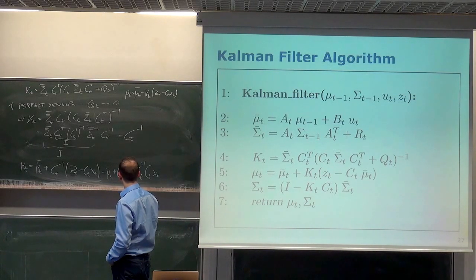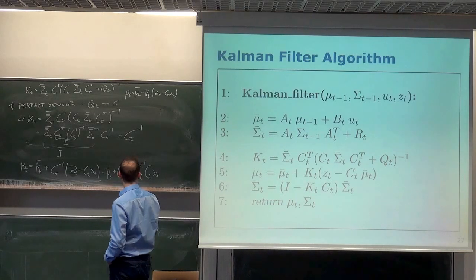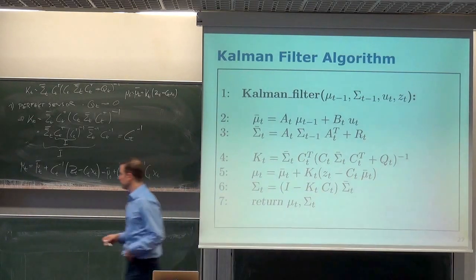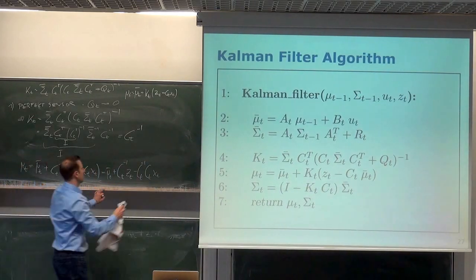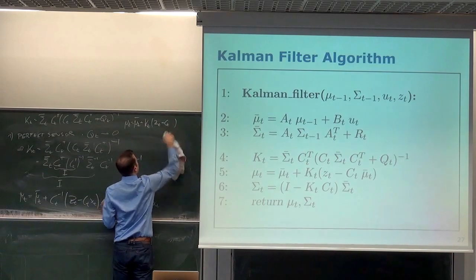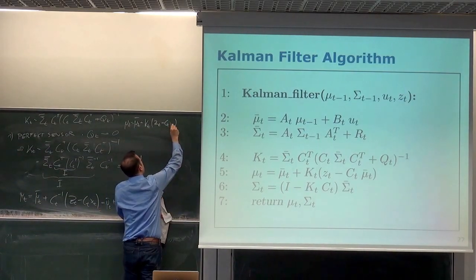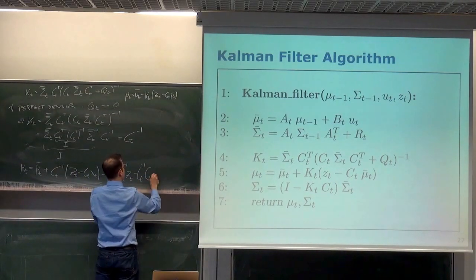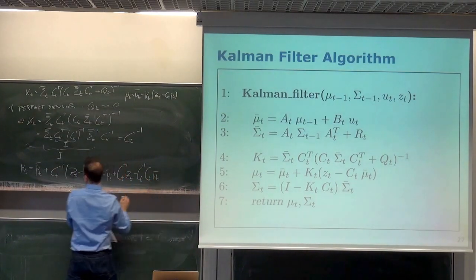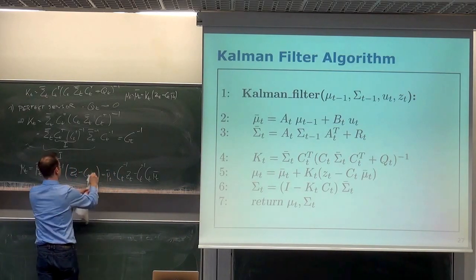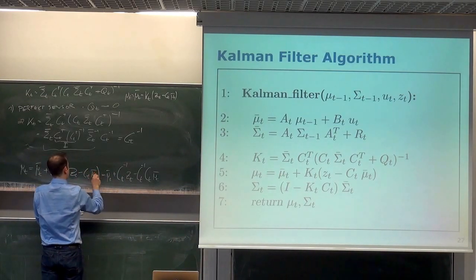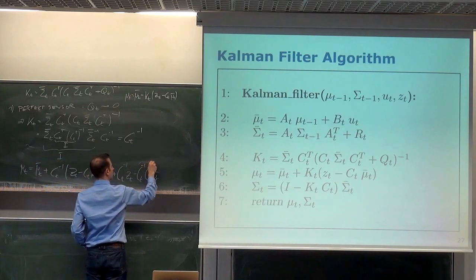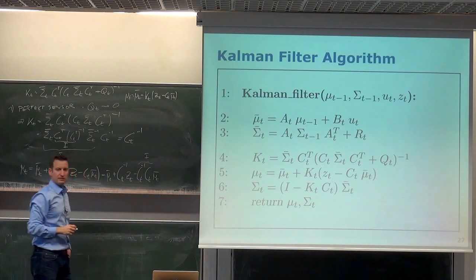Where did I make the mistake? Oh, okay. Let XT have the predicted mean over here. Okay, so this term is again the identity matrix.